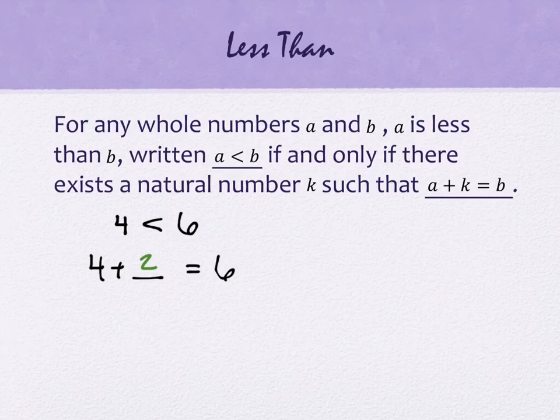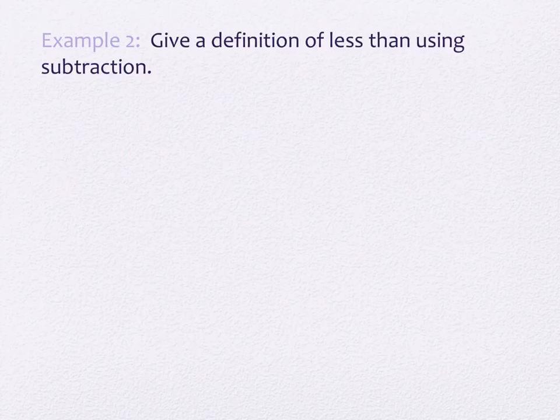It's going to be the same right up until the point of the equation that says a plus k is equal to b at the end. So this is a great problem because all you're going to do is copy what was already written. Okay, so that's how we're going to start. It says give the definition of less than using subtraction.